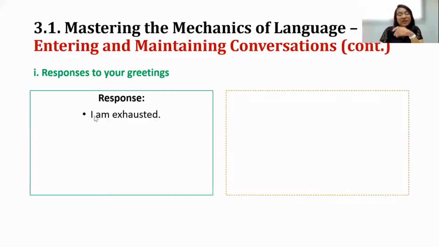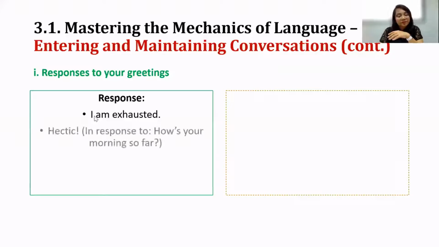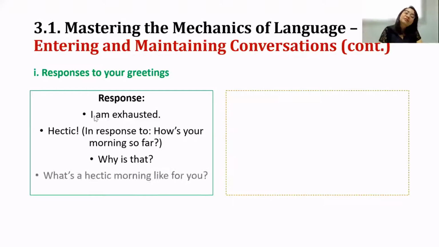And then you can build up a conversation from there. Hectic, in response to, how's your morning so far? Maybe before you attend the conference, you had to run some errands and then you feel very hectic and very tired like that. Why is that? What's a hectic morning like for you?